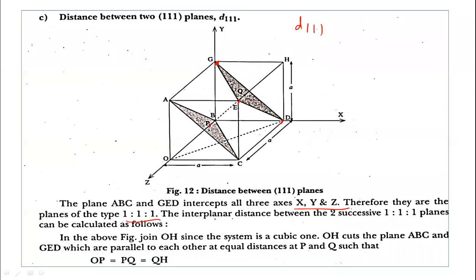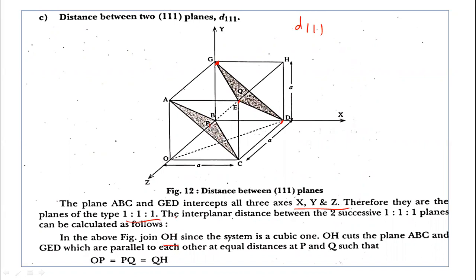The interplanar distance between two successive 111 planes can be calculated. Let us see how. In this figure, join OH.